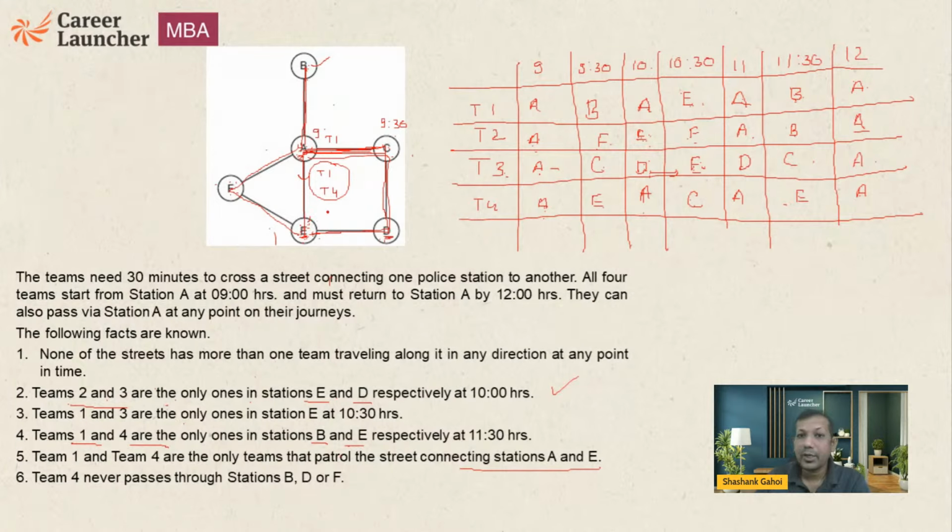Any other arrangement, am I missing out? After E, it can go to D, then C, then A. That's not a possible arrangement. So something is missing. I am not sure what is missing.